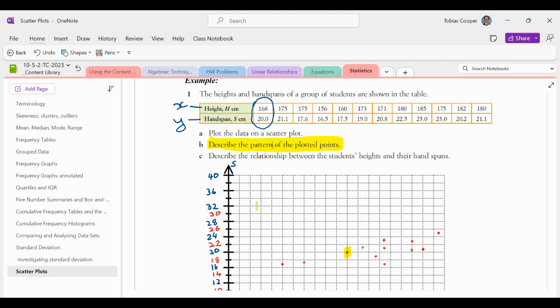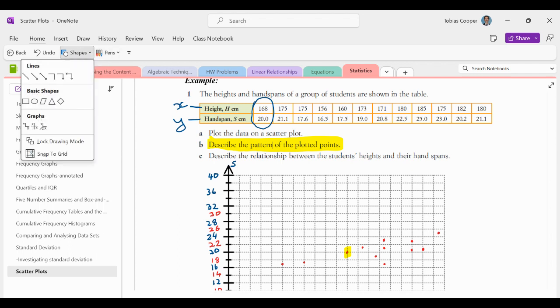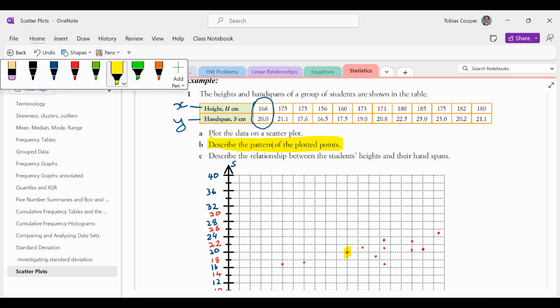Okay, so the pattern of the plotted points, that means is it linear, for example? Is it a linear pattern? All right, so if we get our line tool, let's have a look. I'll just change to green.